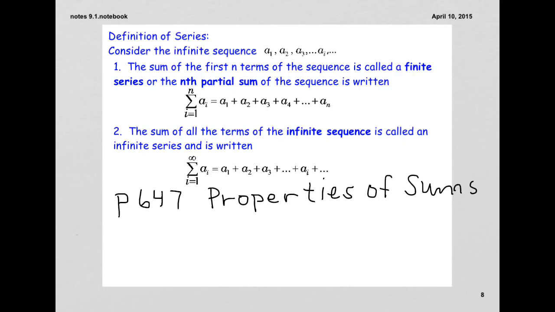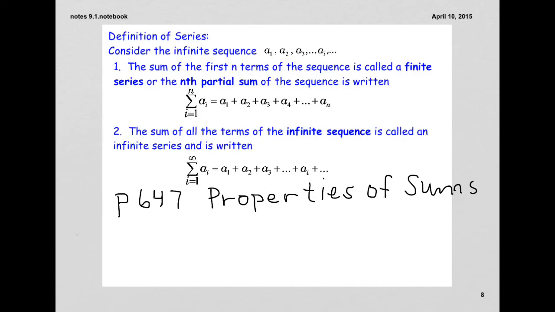Okay, definition of a series. Consider the infinite sequence a sub 1, a sub 2, a sub 3, a sub i, and so on. The sum of the first n terms of the sequence is called a finite series or the nth partial sum of the sequence. It's written as the sum from i equals 1 to n of a sub i, which means I'm only doing the first n terms.